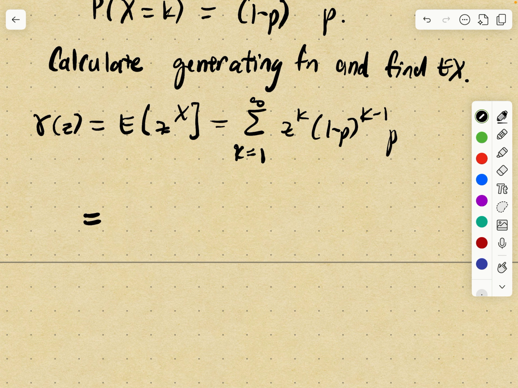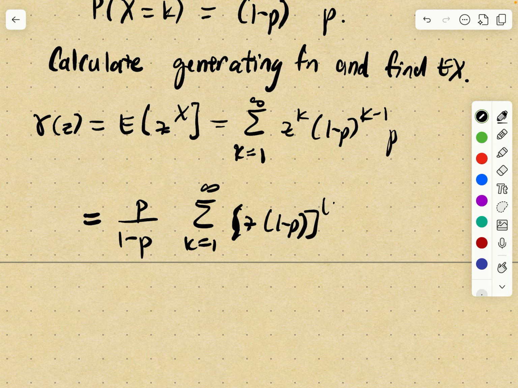Okay, and we can write this as a series, right? If you multiply and divide by 1 minus p, you get p over (1 minus p) times the sum from k equals 1 to infinity of (z times (1 minus p)) to the kth power.